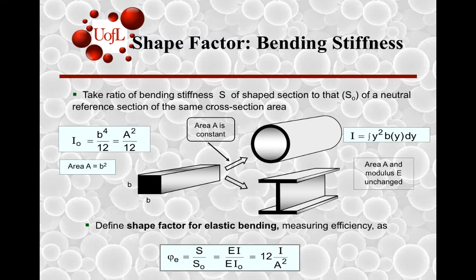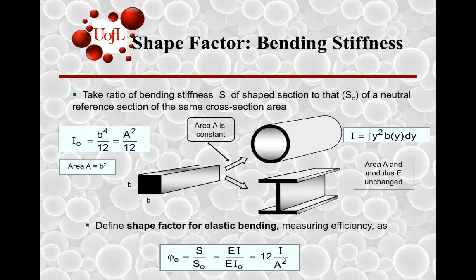The stiffness is proportional to the modulus times the second moment, I. So S is proportional to E times I. So the ratio of the two bending stiffnesses, right? The bending stiffness of the shaped section S to that of the original square cross-section, S naught, is given by E times I divided by E times I naught.